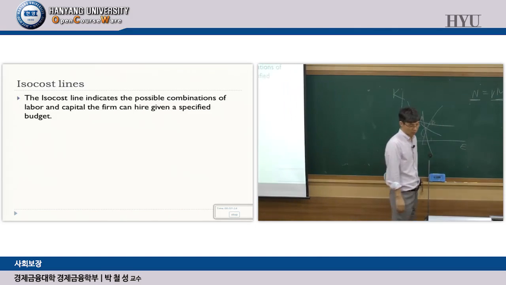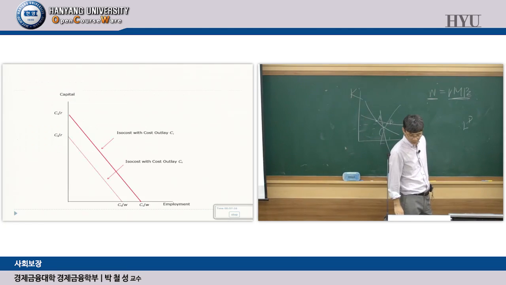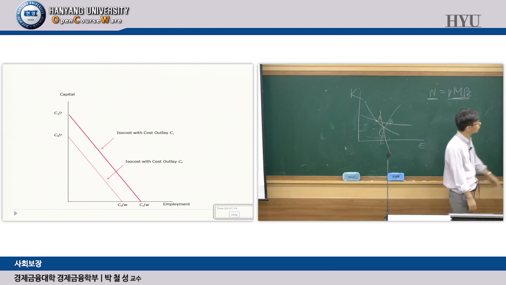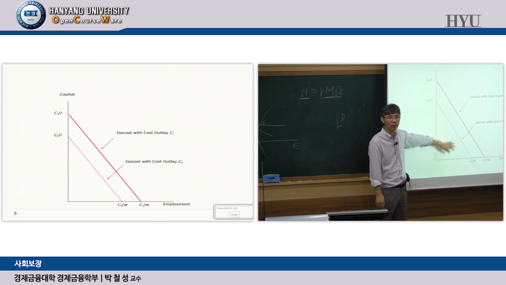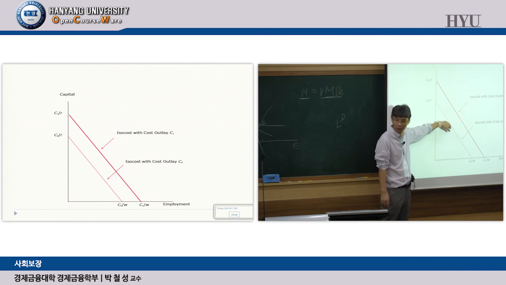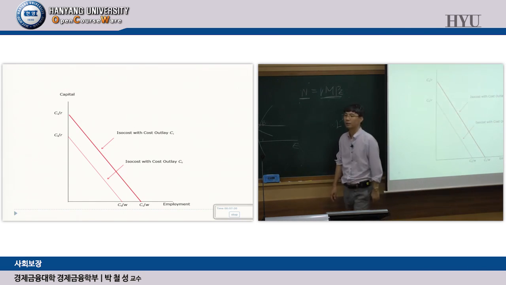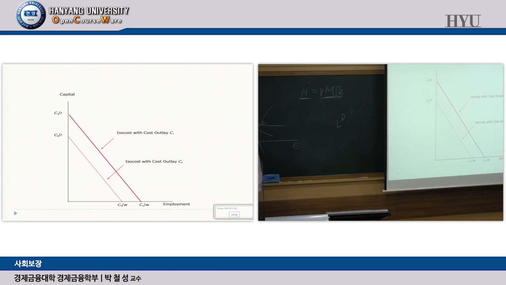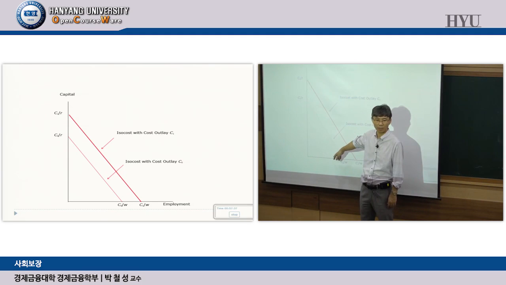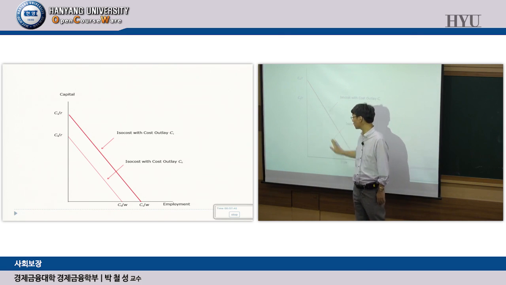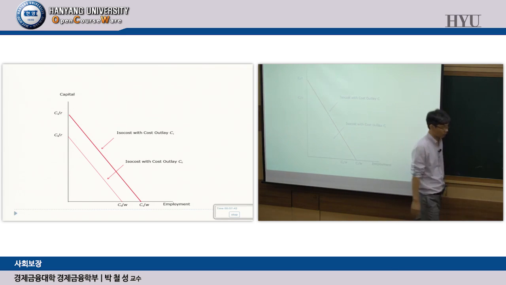So equal cost, as you can guess, is just a combination of capital and labor that costs the same amount of money to the firm. Obviously the isocost line should be negatively sloped, right? Because if you put in more labor to pay the same amount in total, you have to decrease capital input. So the isocost line is going to look like this line.